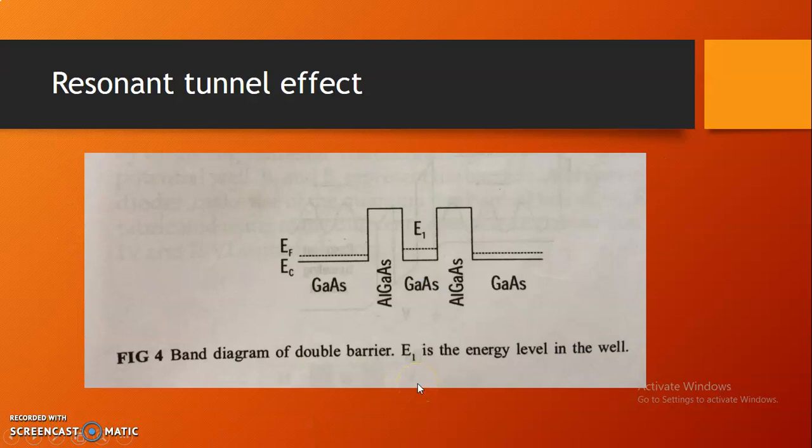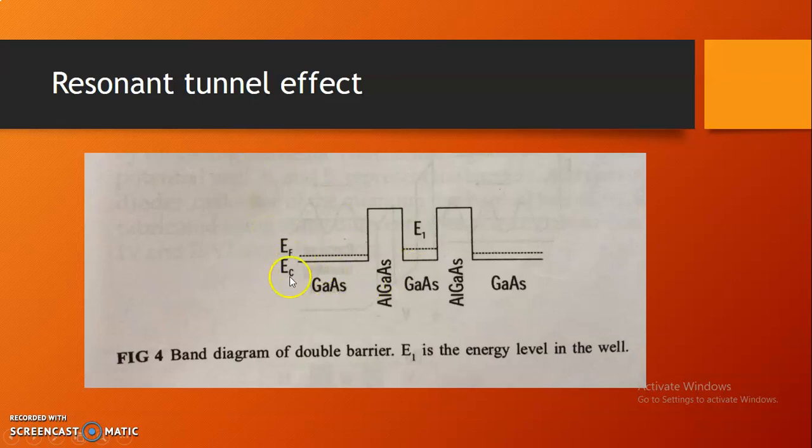Now, this is the band diagram representing a double barrier. E1 is the energy level in the well. Consider a quantum well formed by a GaAs layer sandwiched between two AlGaAs layers. The ground state energy of the well is given by E1. The Fermi level EF is also shown in the figure.